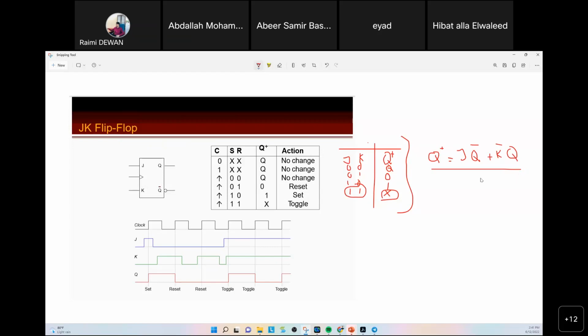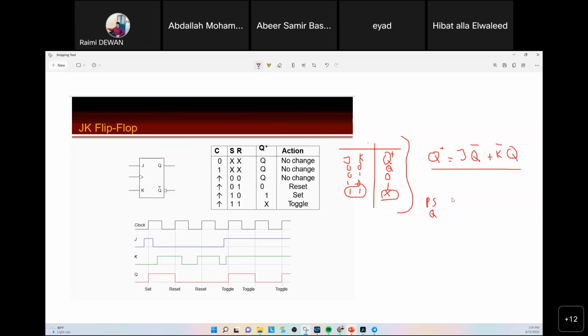For the excitation table, you will have a present state. The wording here is present state, and the present state you put as Q. If it's future or past, Q, and its current will be Q plus. But this one is using present.